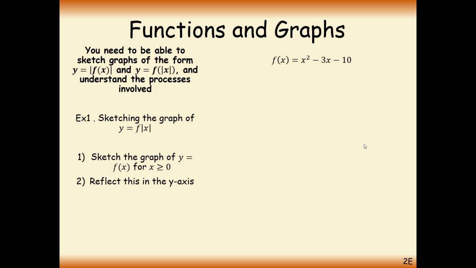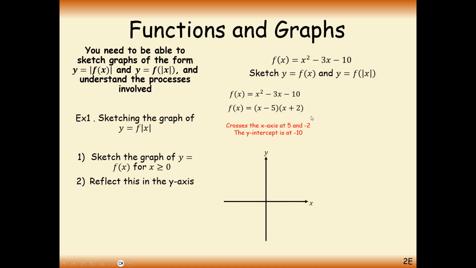We will be given the same function again with the same factors, x minus 5 and x plus 2, and this time we have to sketch the graph where the modulus sign is inside the bracket. That means the x values will never go negative. So if we have a look at the same graph and the same sketch again, this time we see that these x values where I'm shading, the graph will have to disappear. Okay, so what we'll be getting on the left side of the graph is a reflection of what it is on the right side.